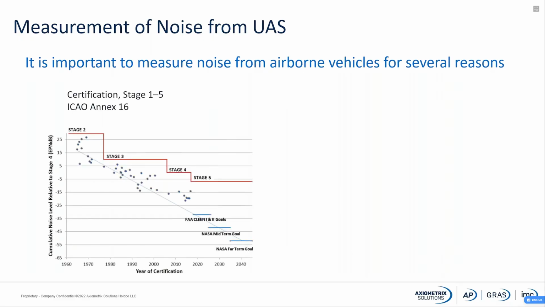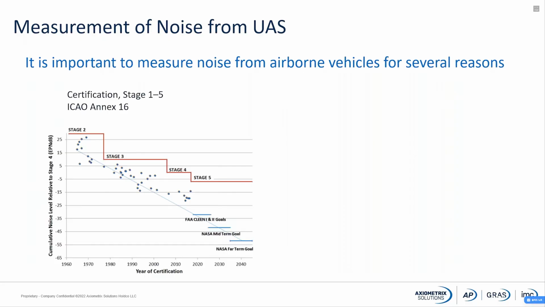One of the reasons is that all flying vehicles since the 1960s have been certified. As you can see here, you have different stages, which means that there are different requirements on the aircraft.